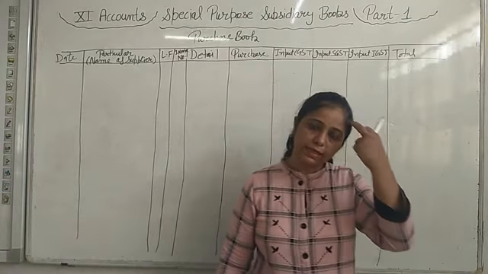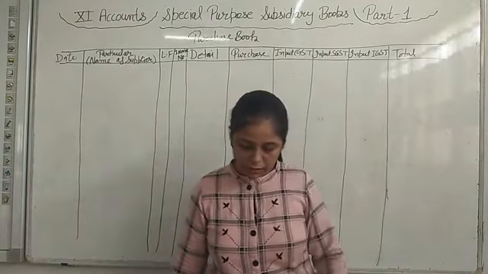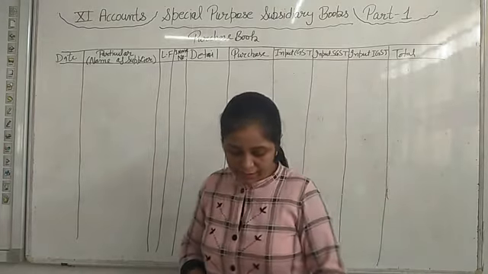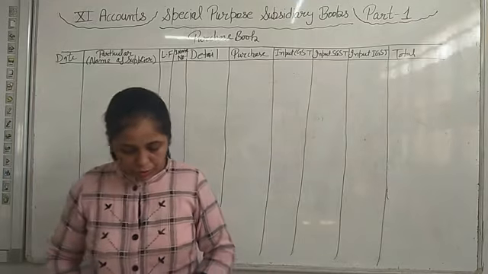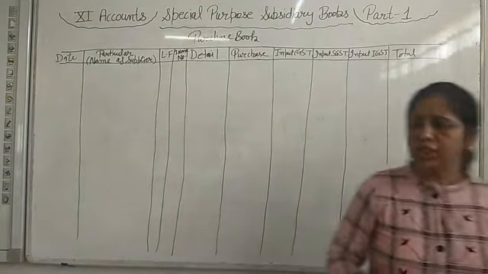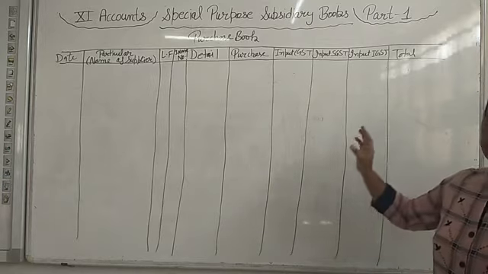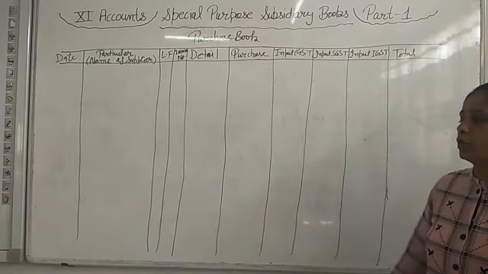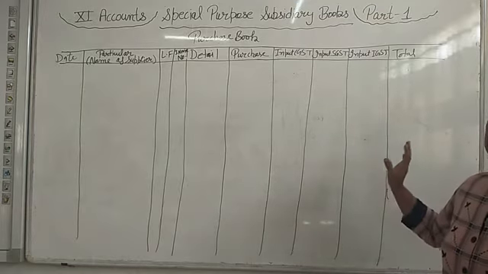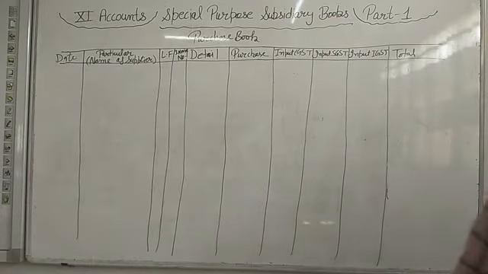One more thing: freight charges. If freight charges are given to you, then we will not mention them here separately. If we have paid freight on any purchase transaction, then that we will record in the journal proper. Okay?